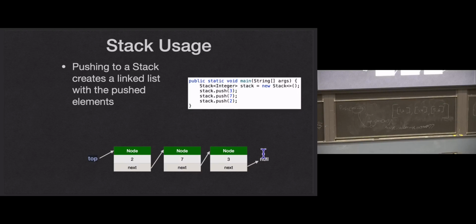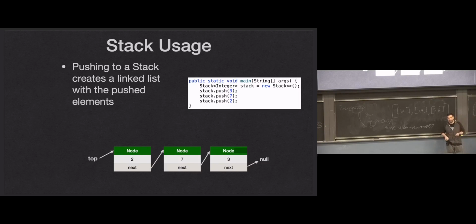That's going to set top equal to a new node with the value 3 and next equal to the old top. So top references this node. Push 7, update top to a new node with the value 7 and next equal to the old top. Push 2, update top to be a reference to a new node with value 2 and next equal to the old top. So we pushed 3 values into the stack, and this is what our stack looks like.